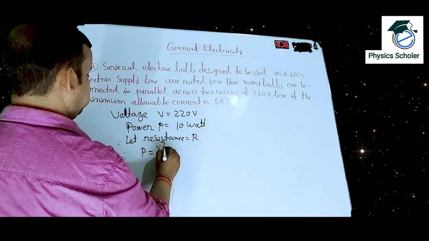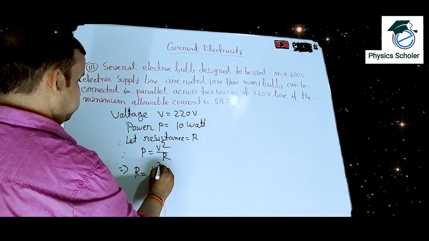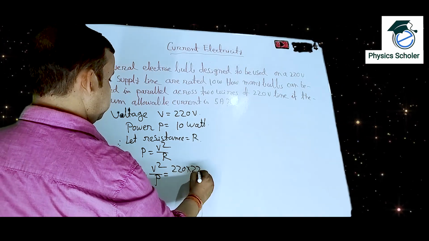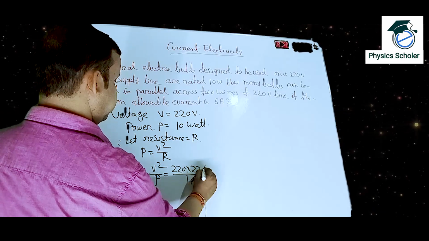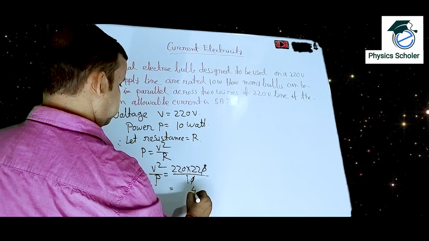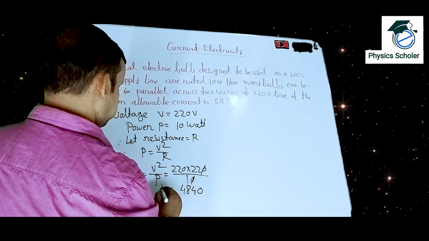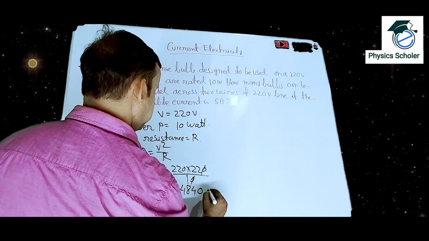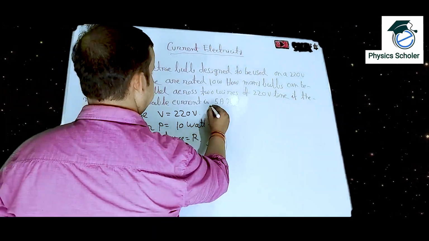P is equal to V square by R. Therefore R is equal to V square by P. What is V? 220 into 220 by P, means 10. Therefore R is equal to 4840 ohms.